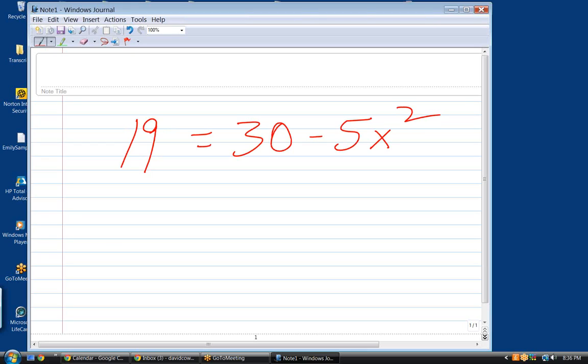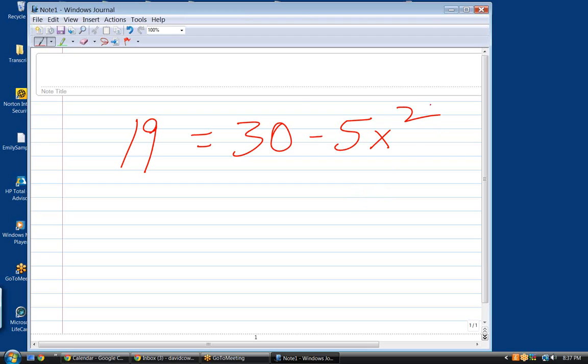What's the first step? Would it be subtract the 30? Yeah. I mean, I tend to avoid negative numbers if I can. So let's talk about this for a second.